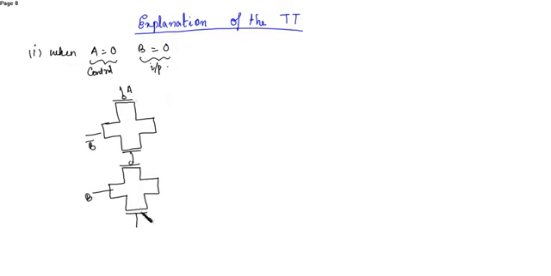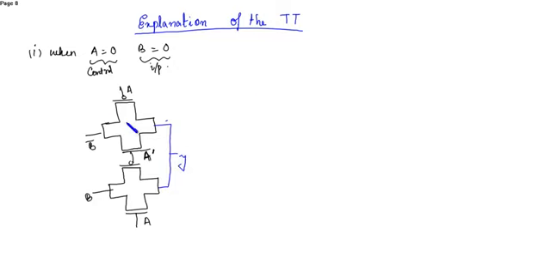This is A, and this is A bar. Now these two are connected. This is the output Y.